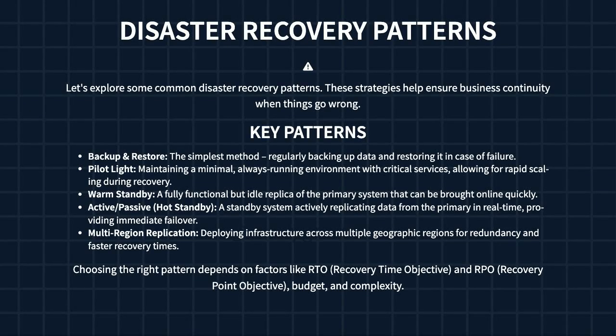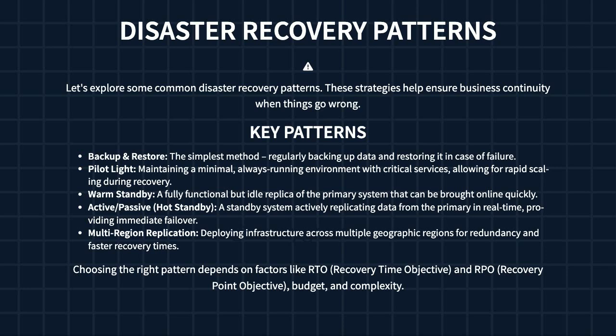Okay, let's talk about how we ensure our systems keep running even when disaster strikes. A really important part of system design is thinking about disaster recovery. There are a few common patterns we use. The most basic is backup and restore, just regularly copying everything and having something to restore.